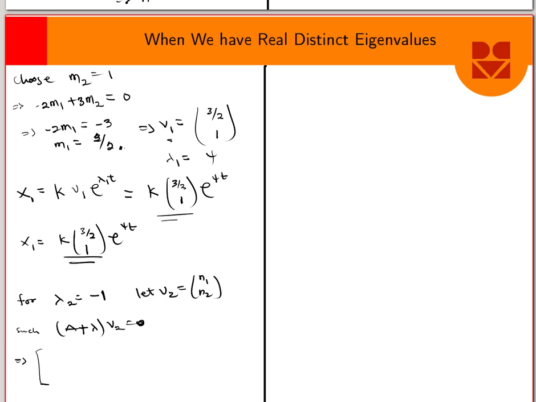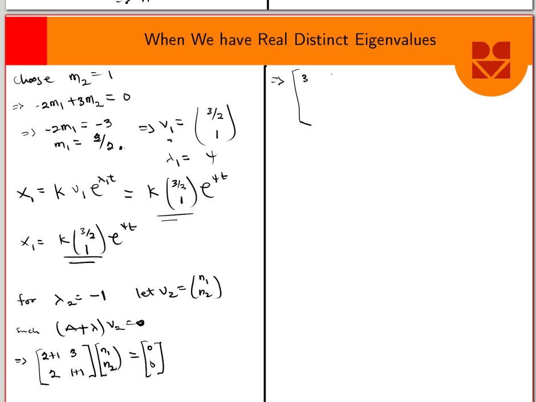Our A is 2, so that will be 2 plus 1, 3 here, and then we have 2, then 1 plus 1 here, times our n1, n2 to be equal to 0, 0.